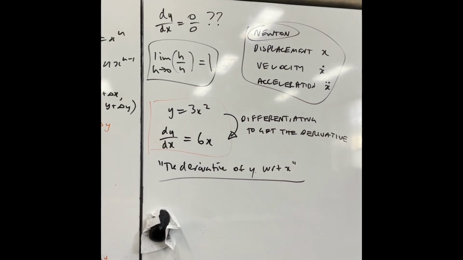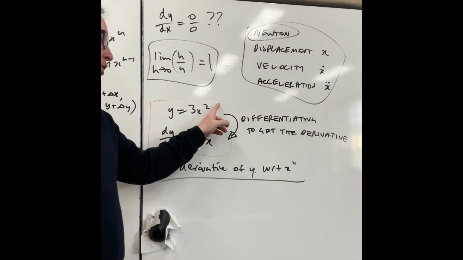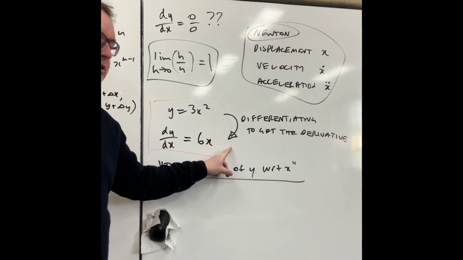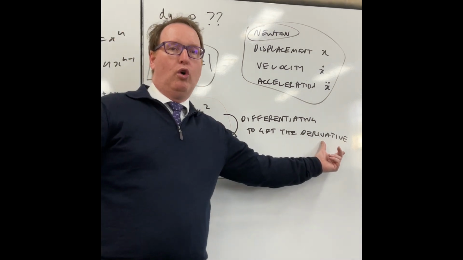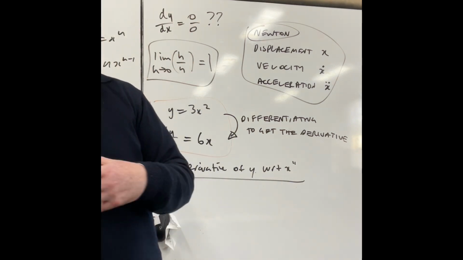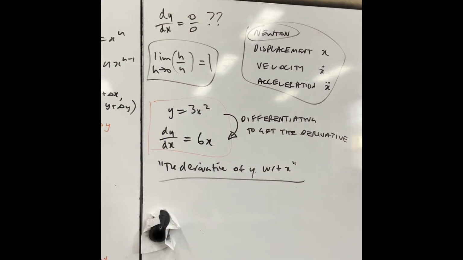This is what it is not, but which many of you will say, even though I tell you what it's not: you are not deriving to get the derivative. I know that seems like it should be. I know that word seems like it's related to the word derive, which it is. The derivative is the outcome of the process of differentiation. You differentiate to get the derivative, okay? You don't derive to get the derivative.